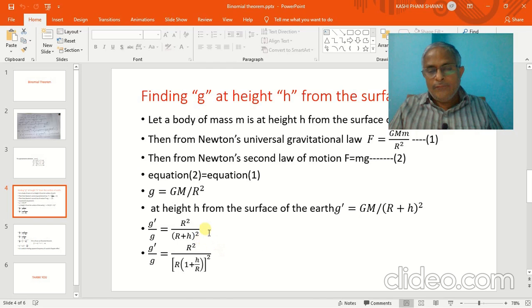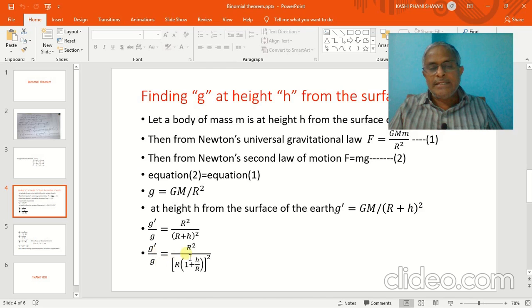Now you observe, from this we are applying the binomial theorem. We are changing these terms to apply the binomial theorem. You observe here, we are taking R common in the denominator. So when you take R common, it becomes R into 1 plus h by R whole square. You understood or not? Again, we are taking R common in the denominator, so R into 1 plus h by R whole square.